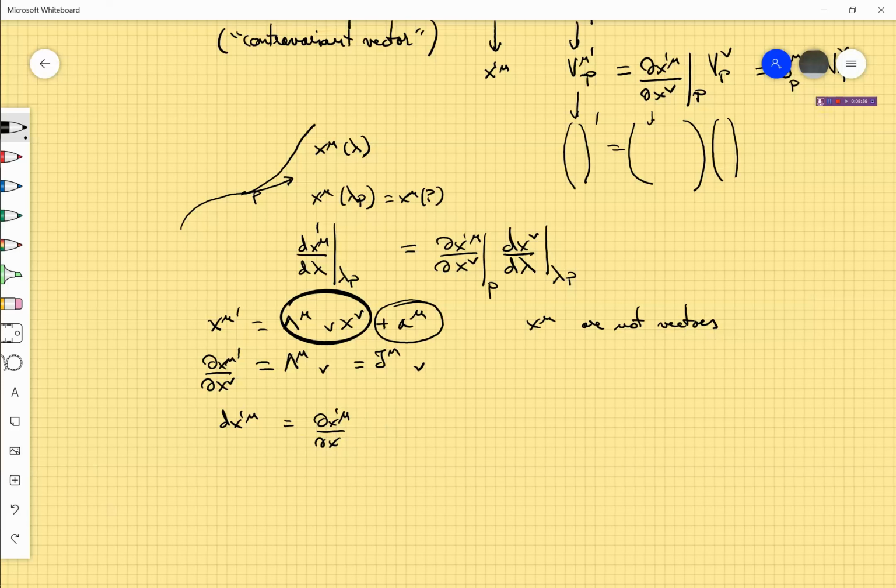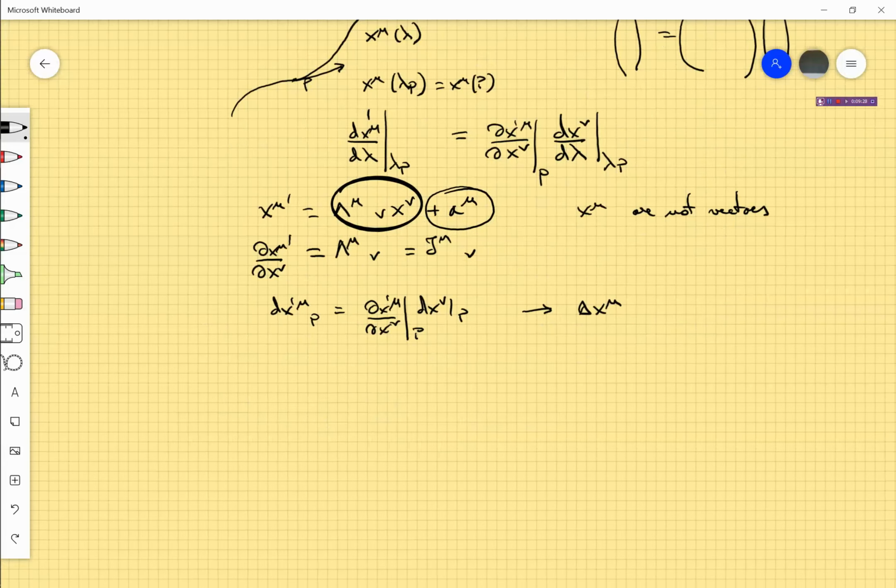You have to say that they are defined somehow at the point P. This is the infinitesimal version of the delta x mu's that we used in the previous video as an elementary concept of vector, which was good enough for Minkowski spacetime, but it's not good enough if we consider another spacetime with a different metric, or maybe complicated coordinate systems.